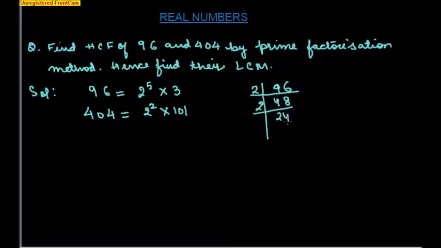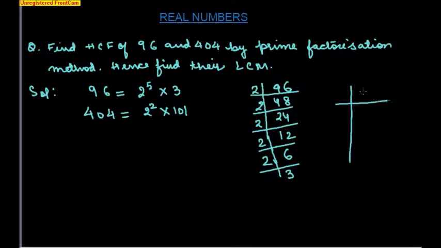Again I take 2, I get 24. I again take 2, I get 12. I take 2 again, 12 is divided by 2, and now 6 is divided by 2, I get 3. As you can see, there are five 2's into 3.